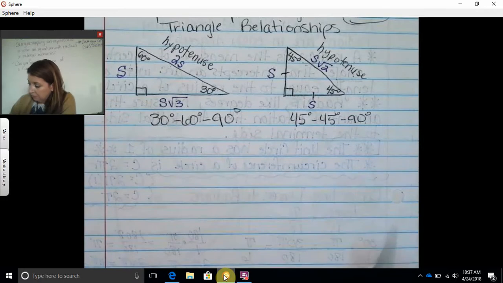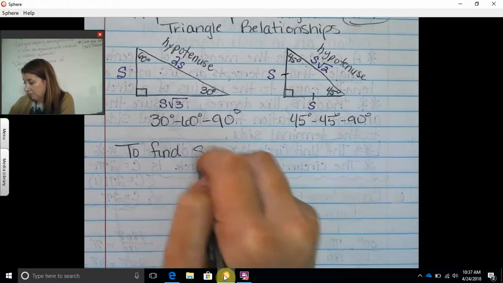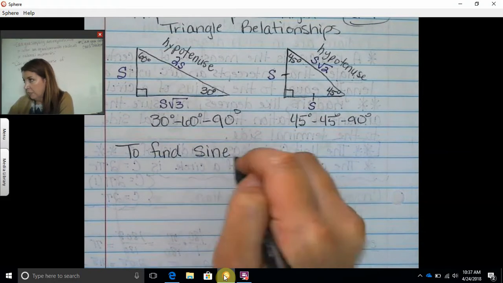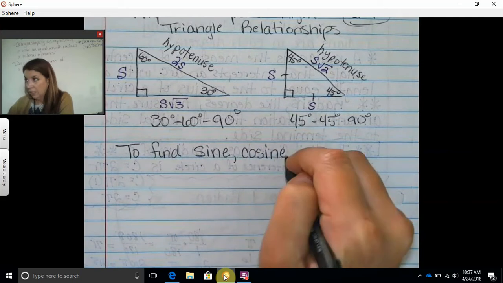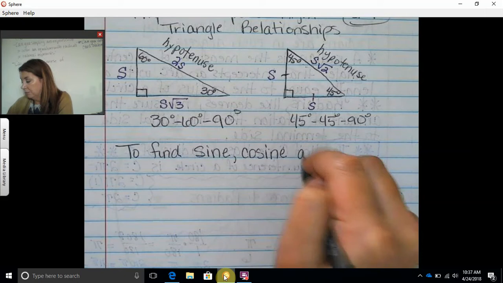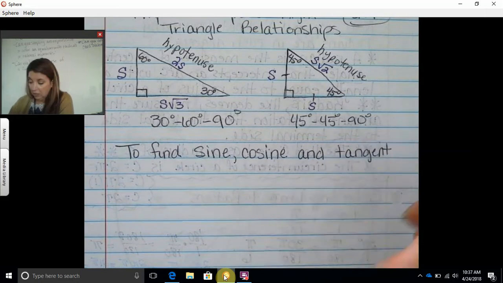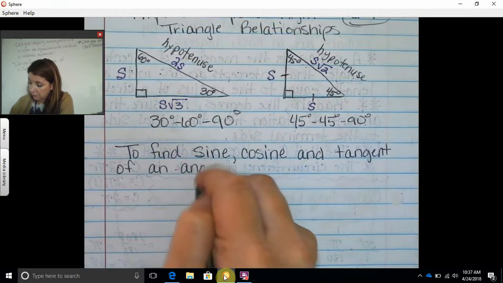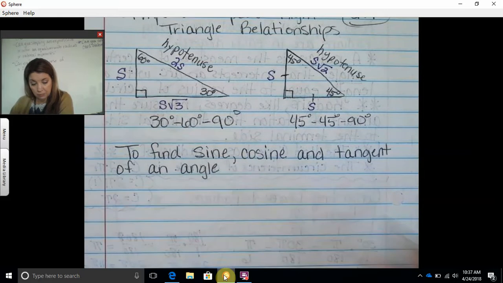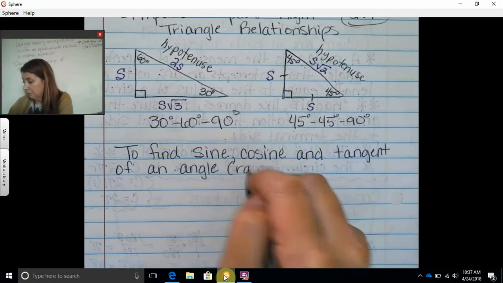To find sine, S-I-N-E, comma, cosine, and tangent of an angle, sine, cosine, and tangent are just ratios of the side lengths, okay?